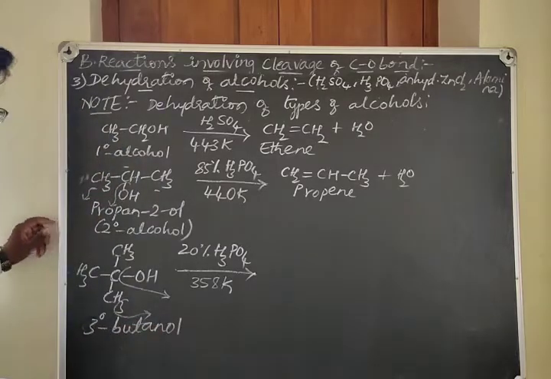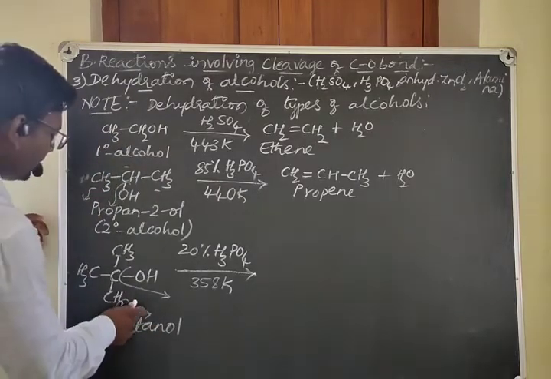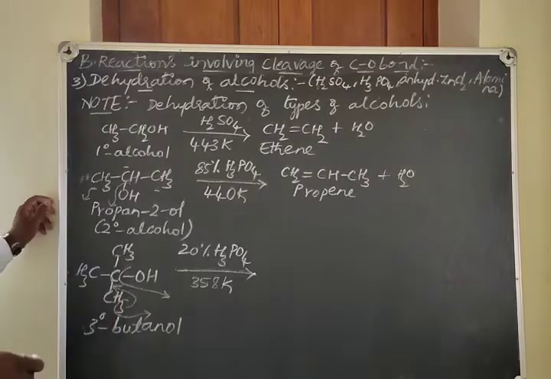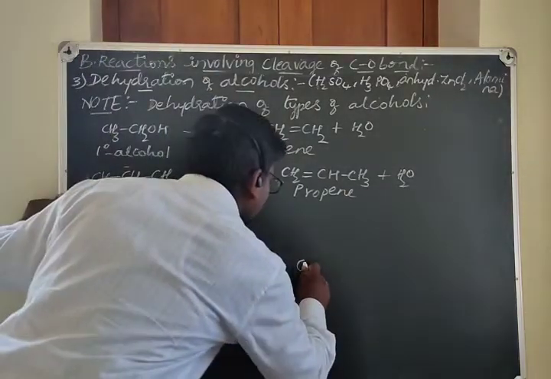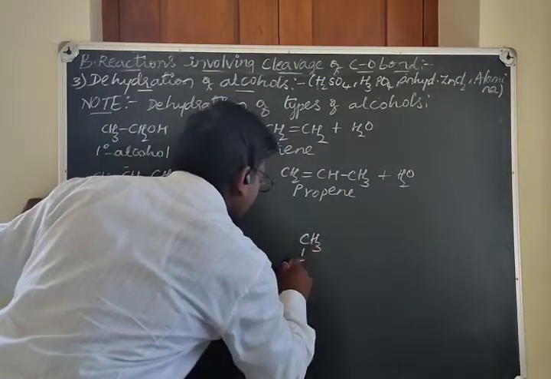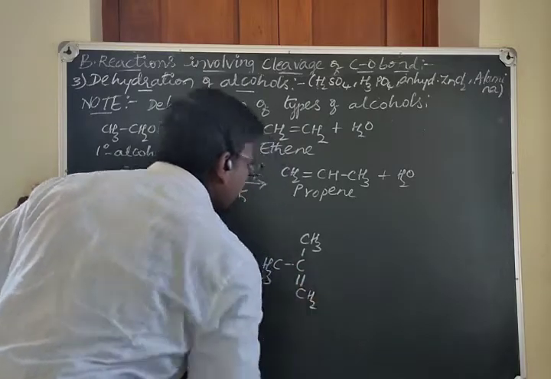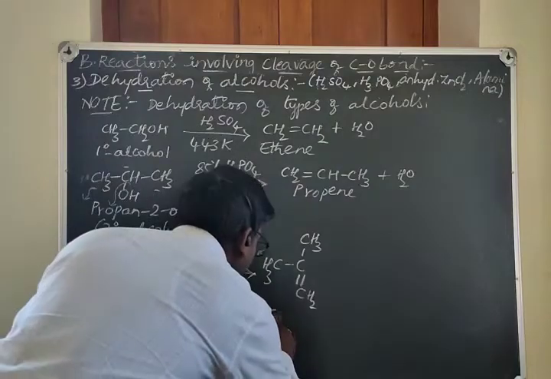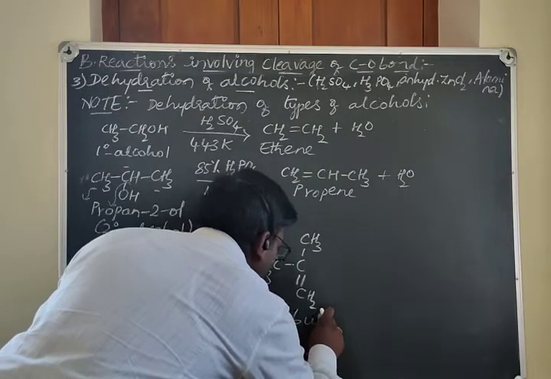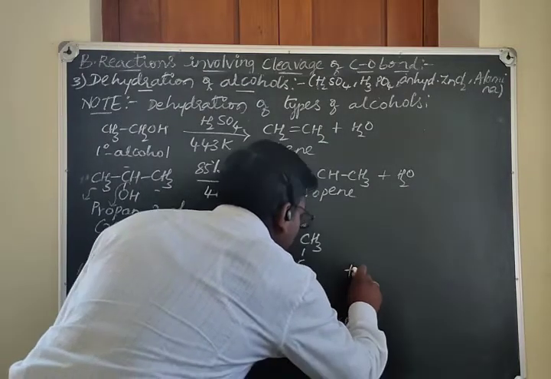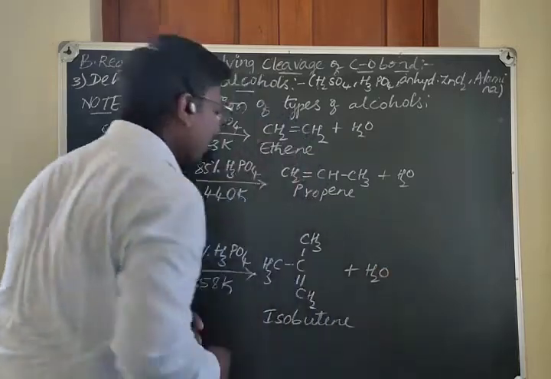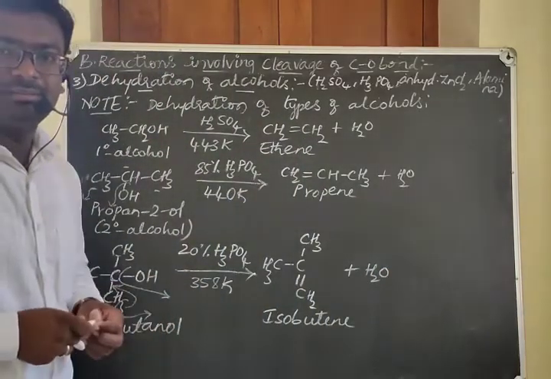One hydrogen comes, and the remaining two will be there. During an elimination reaction, there is a formation of a double bond here. So we can see CH3, CH3 and double bond CH2. This is called isobutene, plus H2O.